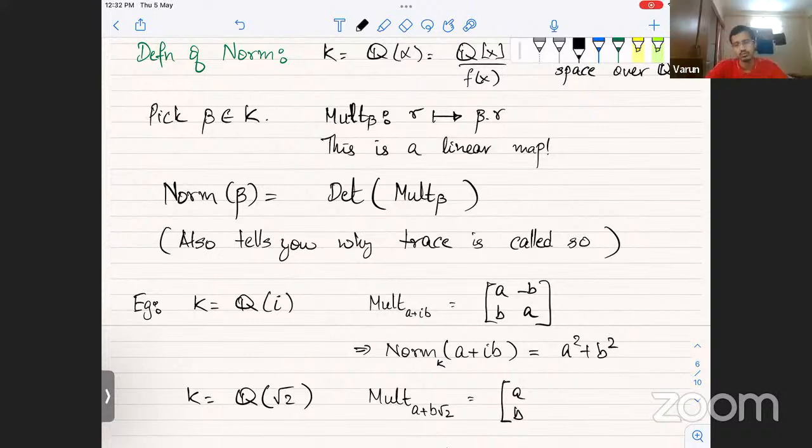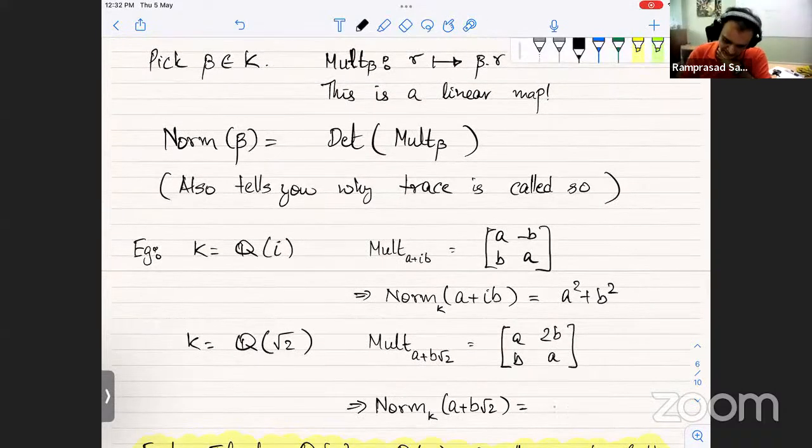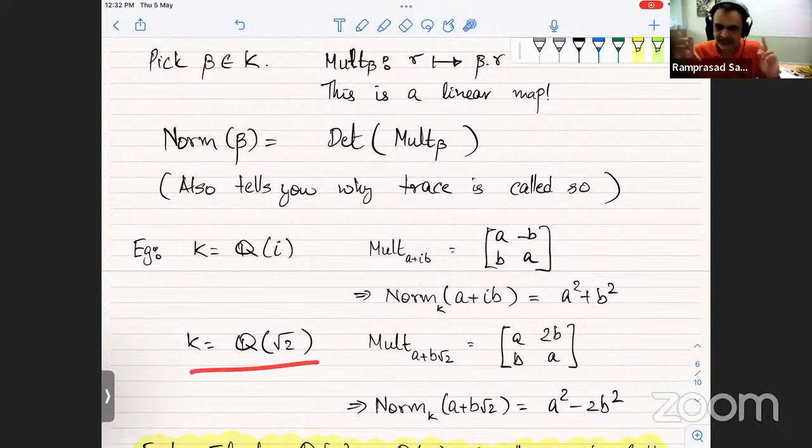When I multiply a plus b root 2 with root 2, I end up with 2b plus a root 2. So I have 2b and a. And the norm of this is going to be a squared minus 2b squared. This is the definition of what the norm is with respect to this field.